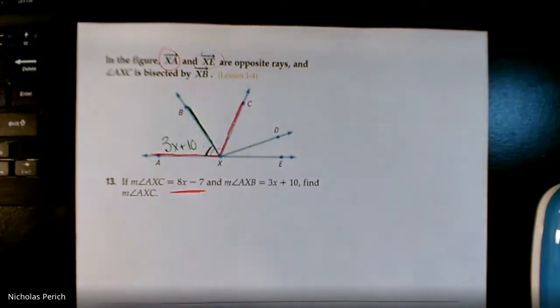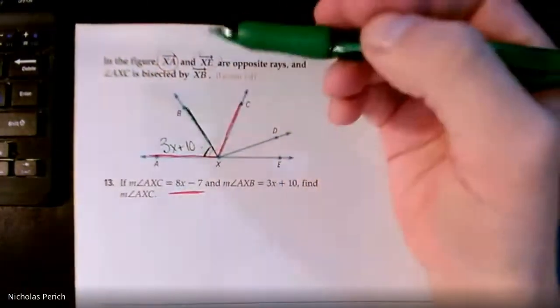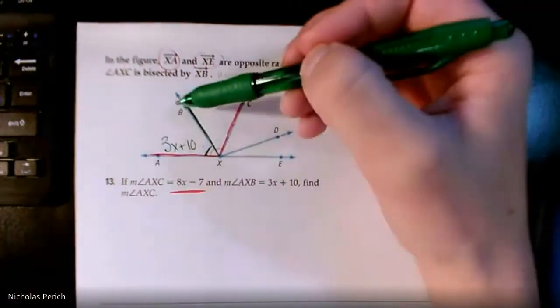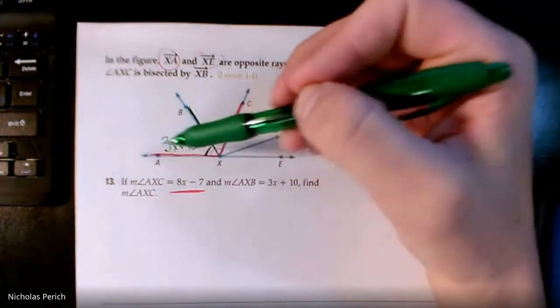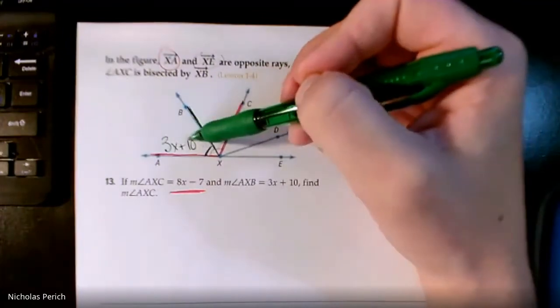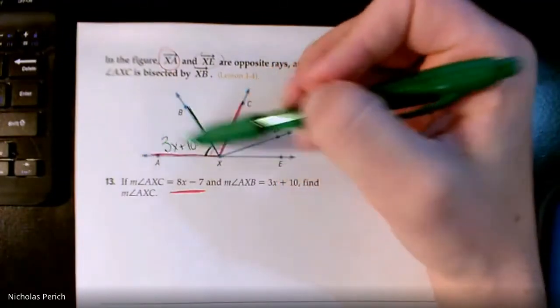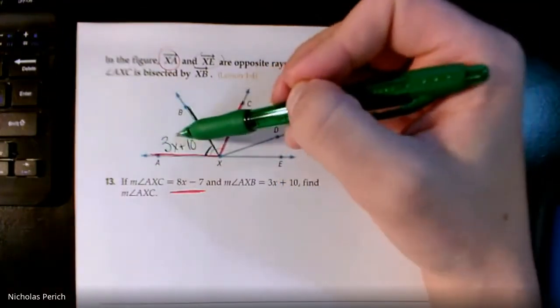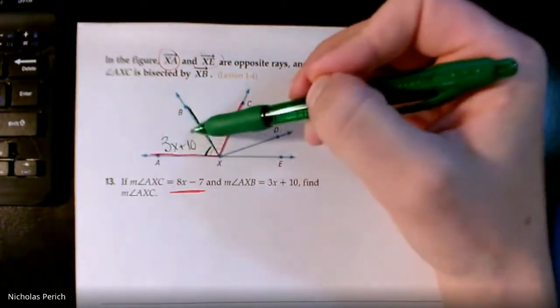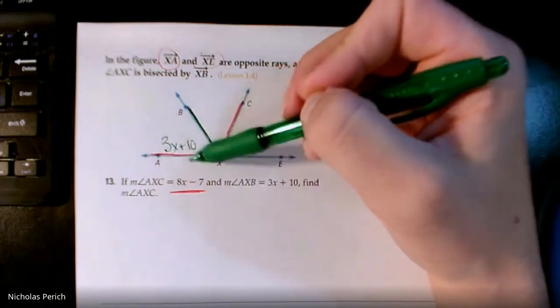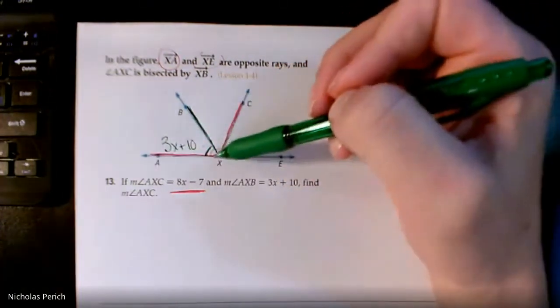Basically, since the green line cuts AXC into 2 equal parts, make sure you follow along, double this chunk equals the whole red angle. 2 times this angle equals the whole red angle.